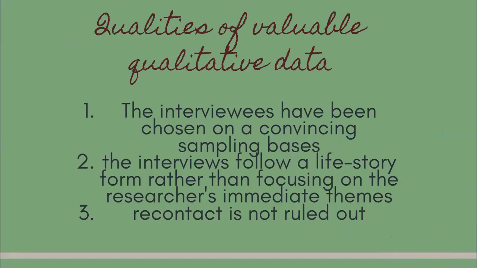The second one, the interviews follow a life story form rather than focus on the researcher's immediate themes. And the third one, you have the option to recontact the interviewees. It is not ruled out. So you have to find secondary data that follows these qualities, so it is easier for you to make your rationale when it comes to your own research.